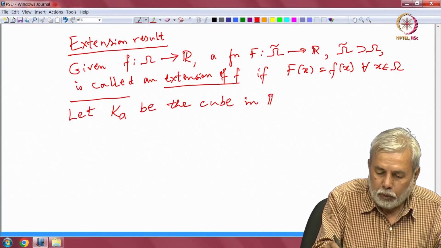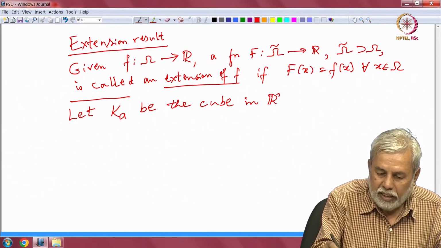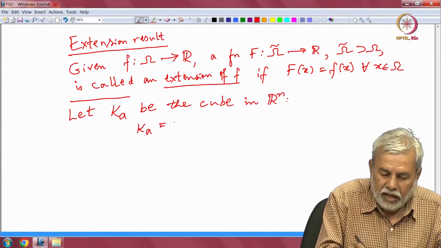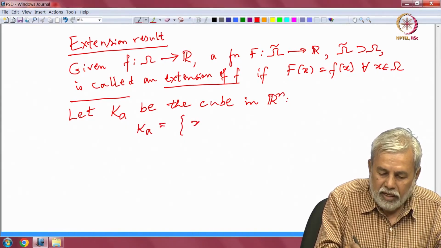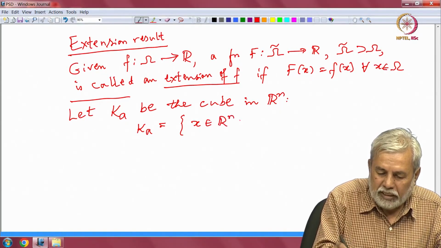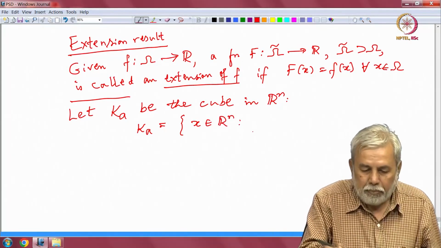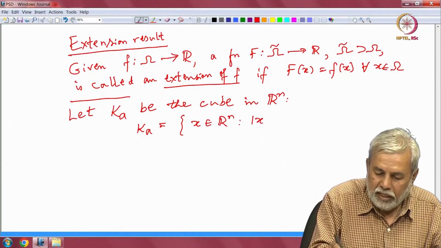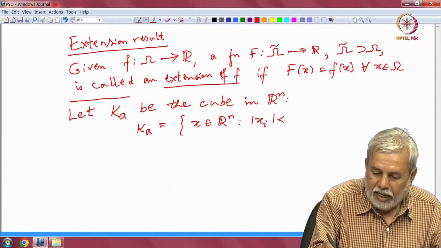Its side length is 2a. This K_a is the set of all y in R^n, a special case of a parallelepiped, such that |y_i| is less than a.